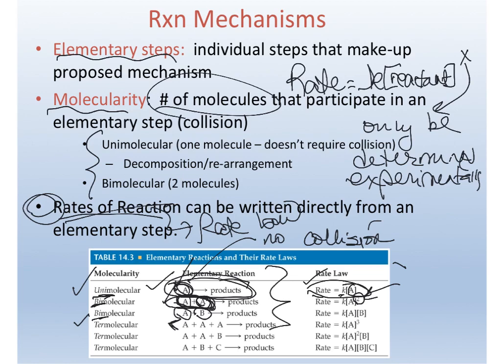So the rate law for that termolecular elementary step is rate equals K times the concentration of the reactant, and since it would be 3A, the coefficients only in an elementary step become the exponents. Again, the coefficients only in an elementary step become the exponent in the rate law for that elementary step.